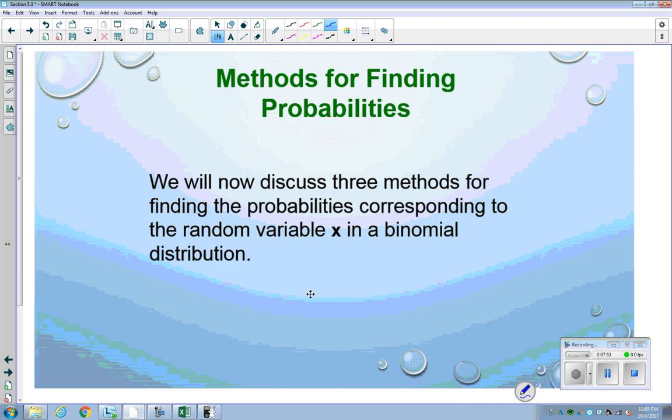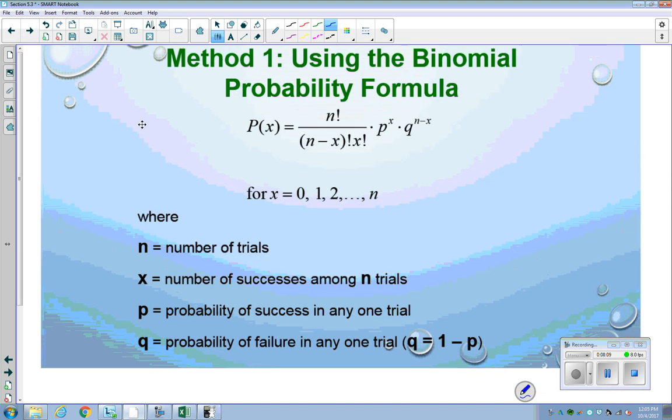I just want to let you know the different methods of finding probabilities. There are several. We're going to concentrate here in class on using your TI calculator. But we could do it all by hand using the formula. That's method 1. Here, n factorial is the number of trials.